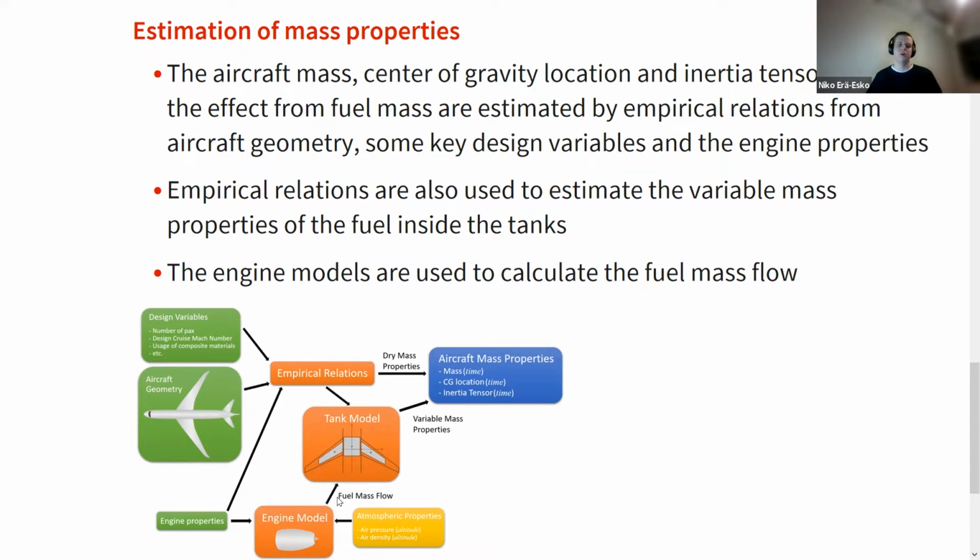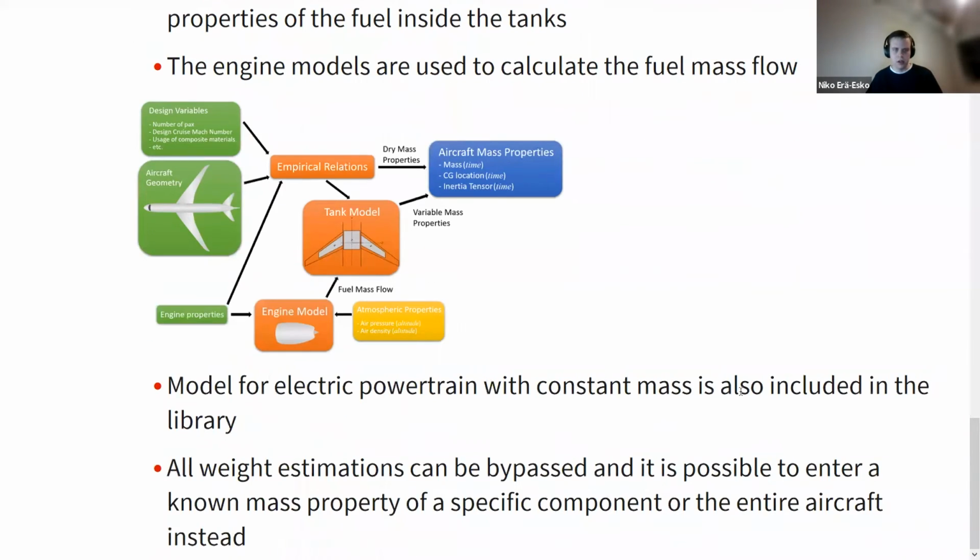There we use the engine model that also takes input from the atmosphere model to calculate the fuel burn rate, and eventually we get the variable mass properties, to get the mass, the center of gravity location, and moments of inertia of the entire aircraft as a function of time as the fuel gets burned inside the tanks. Then the library also includes options to model aircraft with electric powertrain. Then, of course, all this becomes much simpler as everything remains constant.